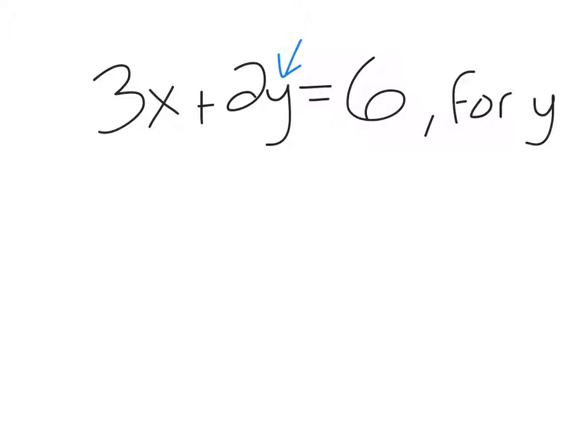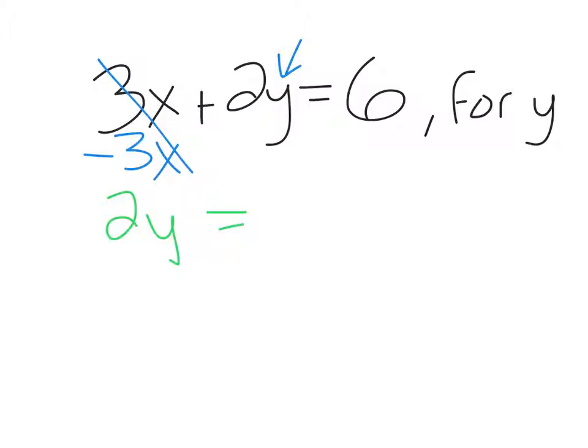Well, again, in any equation, anytime I want to get one specific variable by itself, I want to get rid of whatever's being added or subtracted. That 3x is currently being added, so I'm going to subtract it. That will cancel it out over here and leave me with 2y, so the only thing I have left to get rid of is the 2.